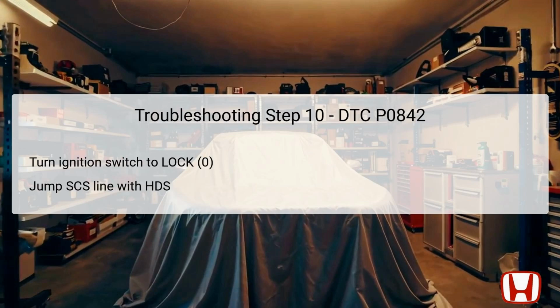Ensure to switch the ignition to the lock 0 position once again to disengage systems before conducting additional tests. Subsequently, use the HDS to jump the SCS line, which will initiate a specific diagnostic mode. The SCS, or Service Check System, is often used for troubleshooting to block certain trouble codes and allow for clear diagnostic monitoring.